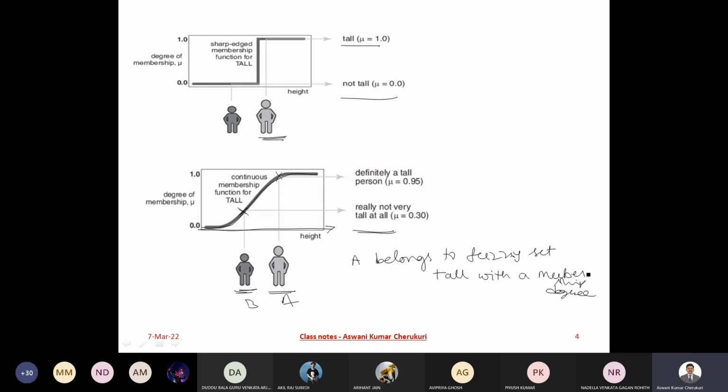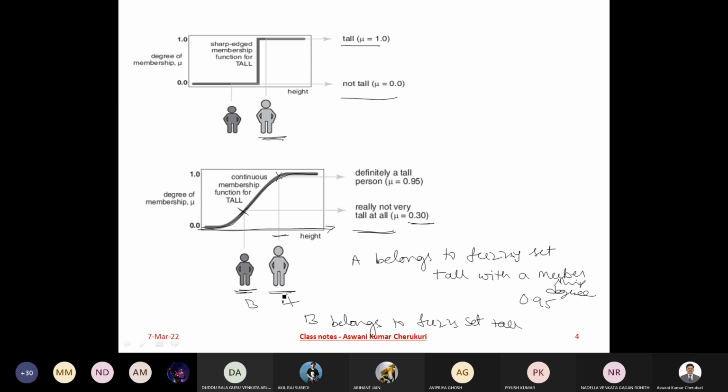The degree may be 1.0, it may be 0.5, it may be 0.95, depending upon the height of that individual. Now B belongs to the same fuzzy set called tall with a membership degree, say maybe 0.3.